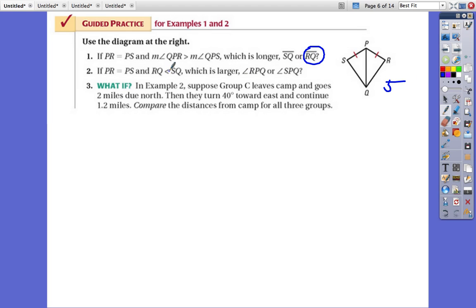RQ is less than SQ, so SQ has to be maybe 7, as long as you make it a number that's greater. So that means this angle here is going to be larger than this angle because this side is larger than this side. So angle SPQ is going to be greater than angle RPQ. So this one's larger.